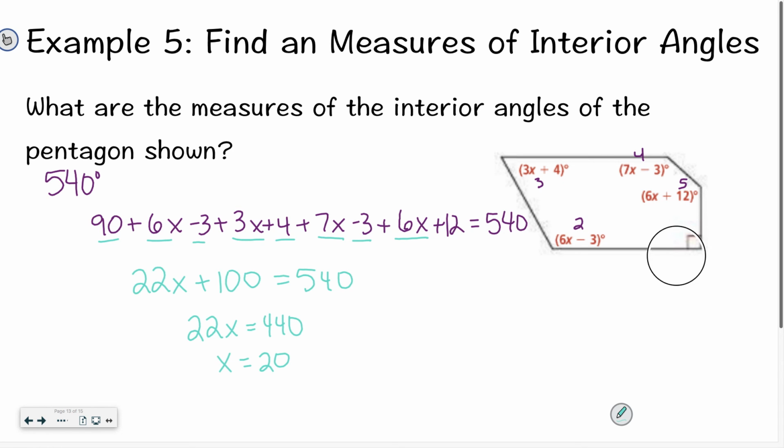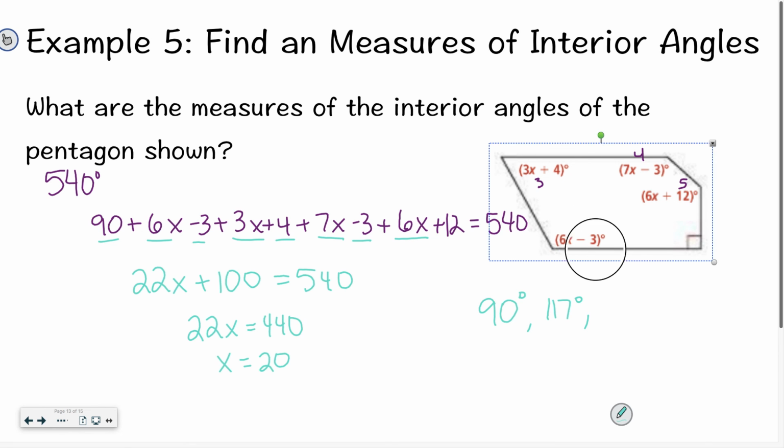So angle 1 is still just going to be 90 degrees. Angle 2, 6 times 20 is 120. 120 minus 3 is 117 degrees. Angle 3, 3 times 20 is 60. 60 plus 4 is 64 degrees.